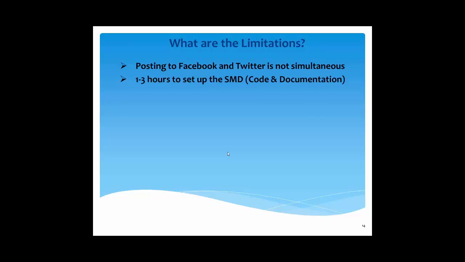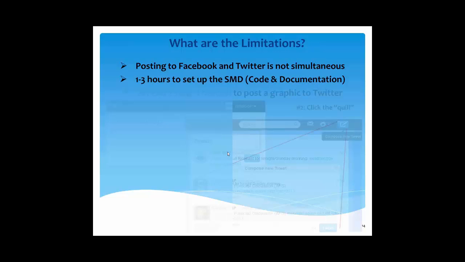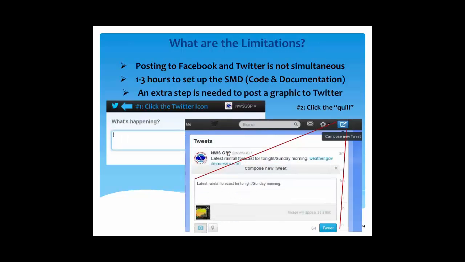The tool does take about 1 to 3 hours to set up for any weather service office. I provide code and documentation. I've also been fielding a lot of questions, so I'll help you out as much as possible. But there is a time investment of setting up the tool. And for posting graphics to Twitter, there is an extra step included.